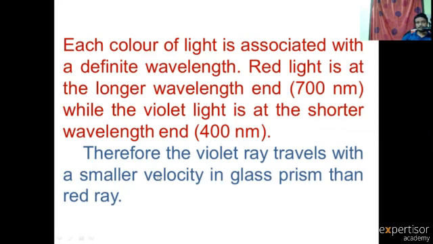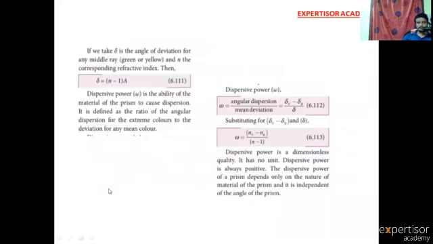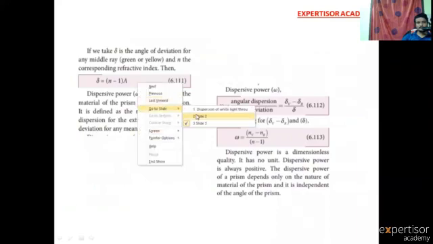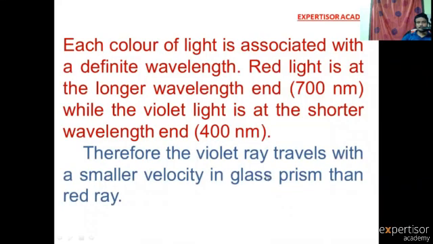Therefore, the violet ray travels with a smaller velocity in a glass prism than the red ray. If the wavelength is very high, the energy is very low. Why?